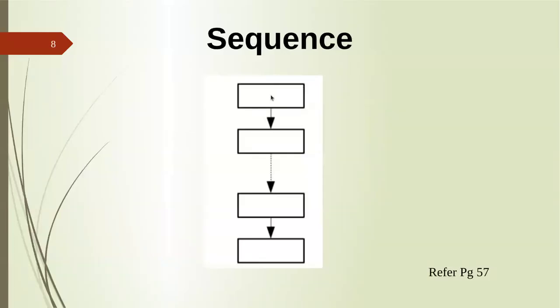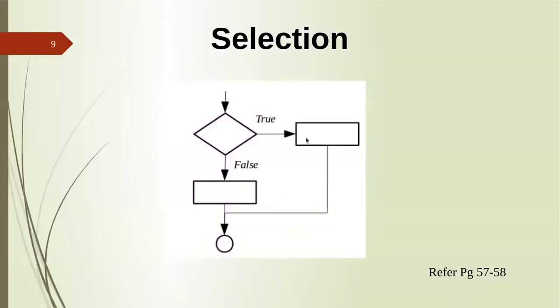Sequence means the steps are executed sequentially, when you are implementing this task in a computer program. Selection checks a condition, for example whether A is greater than B. If the condition is true, go this way, otherwise go this way.